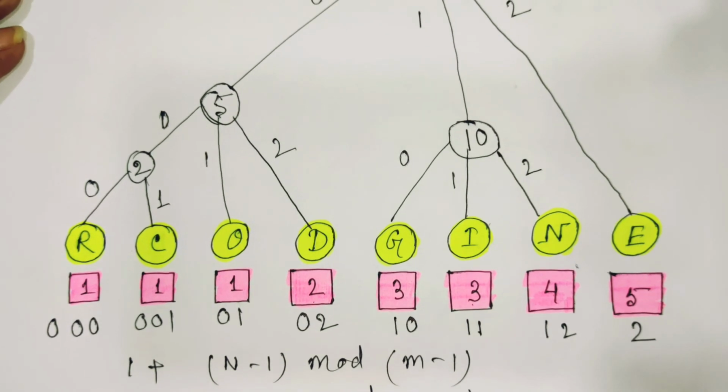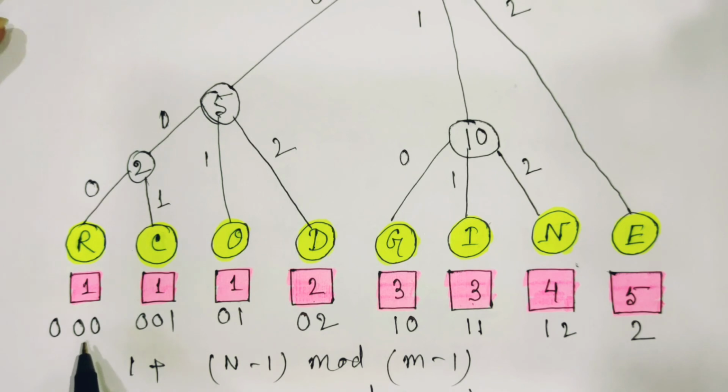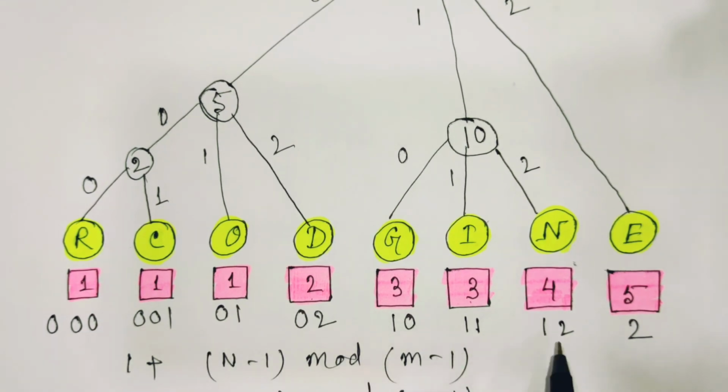So these are the corresponding prefix codes for the given characters, and on that basis the code lengths for each character are 3, 3, 2, 2, 2, 2, 2 and 1.